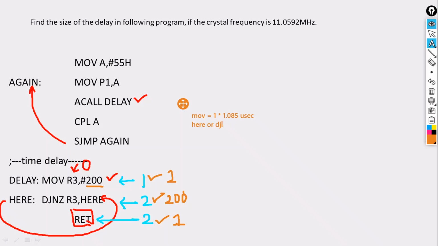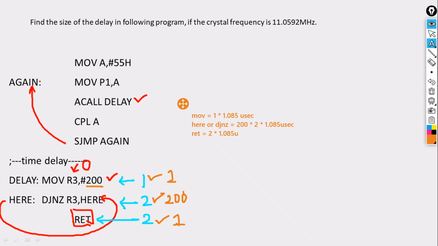The time required for one machine cycle is 1.085 microseconds. And again at last we have the return, and it is going to take two machine cycles, so 2 into 1.085 microseconds.